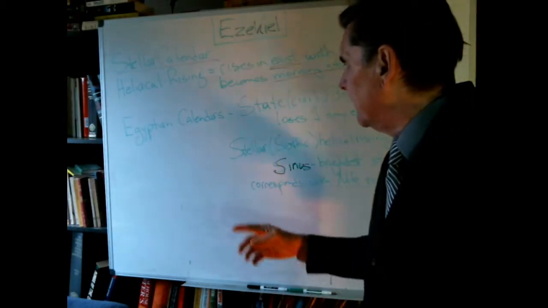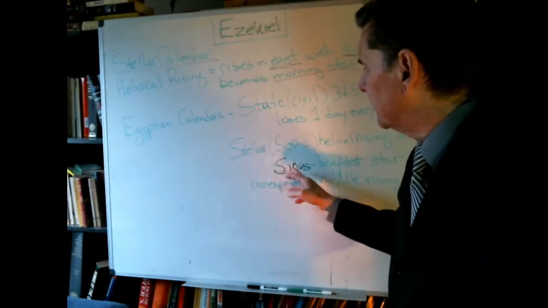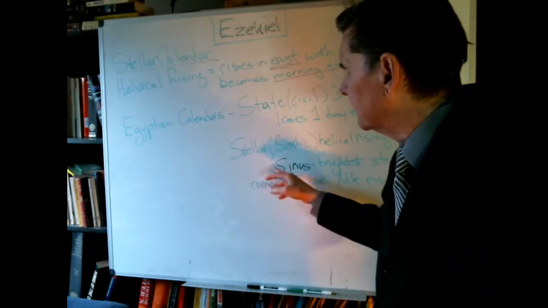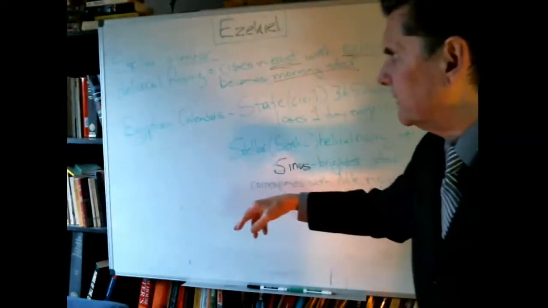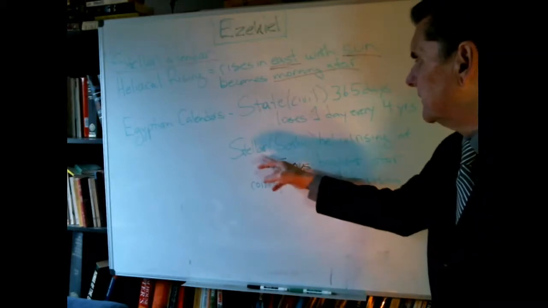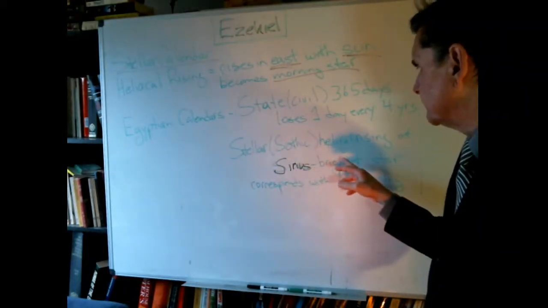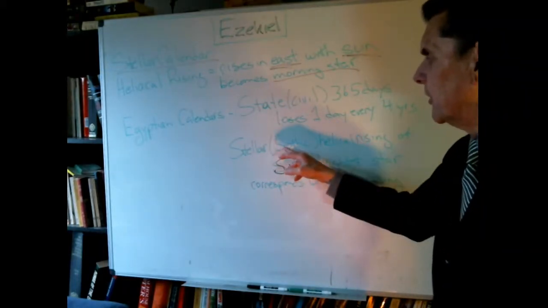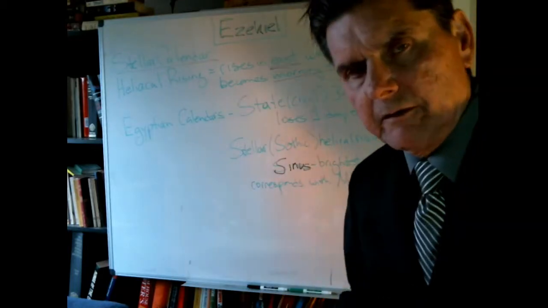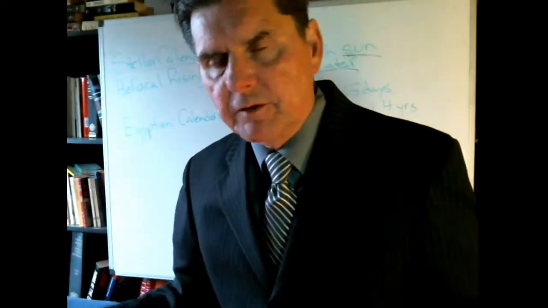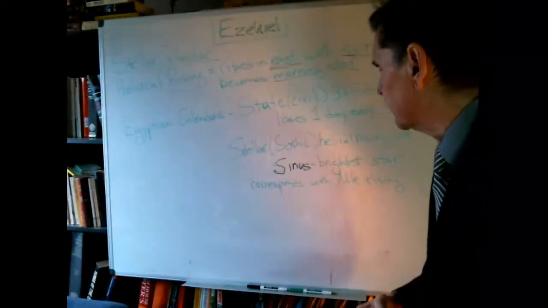But they also had another calendar based on Sirius's heliacal rising, and that is called the Sothic calendar, because Sothis is the Egyptian word for Sirius.